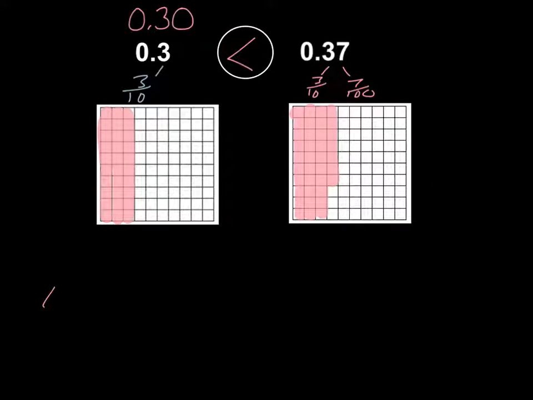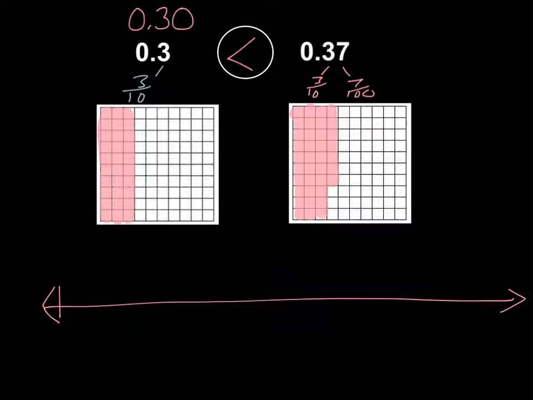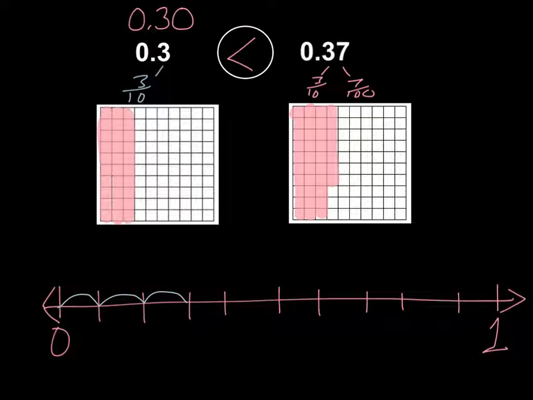On a number line, I'm going to draw a nice big one, and both of these decimals are less than 1, so I'm going to start with 0 and I'm going to end with 1 whole, and I'm going to break this into tenths, and we can place these on the number line. So again, this first one is 3/10, so I'm just going to hop 1, 2, 3 times, and that's where it belongs on the number line.